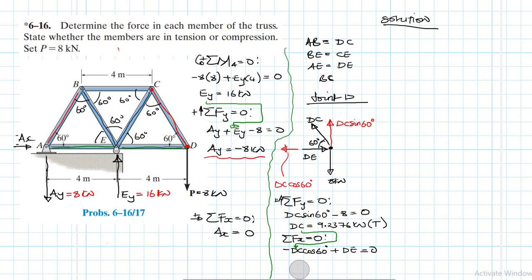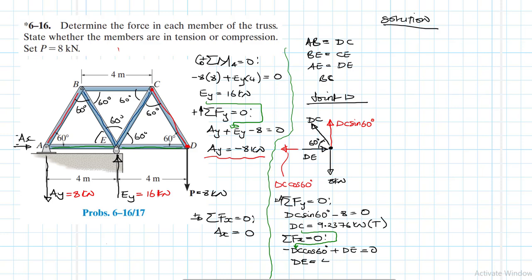Let me just wrap this here. We have our DE equal to 9.2376 cos 60.